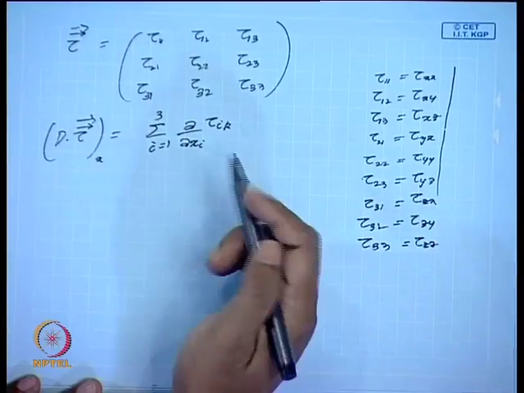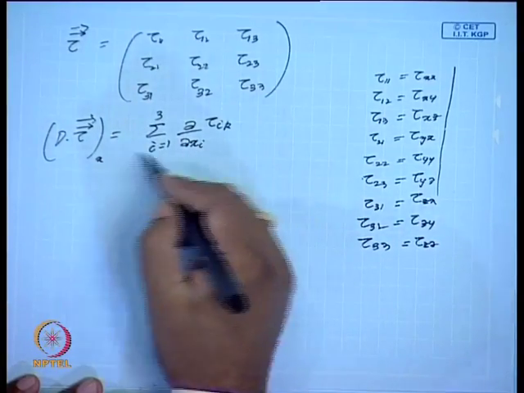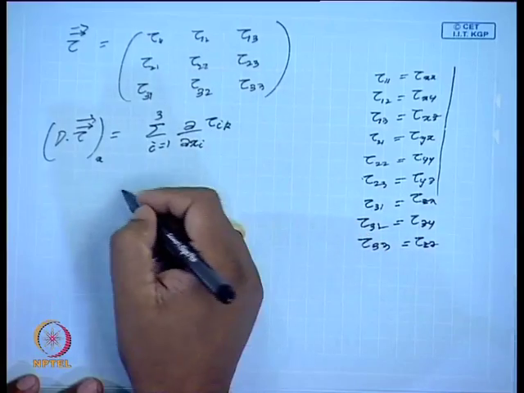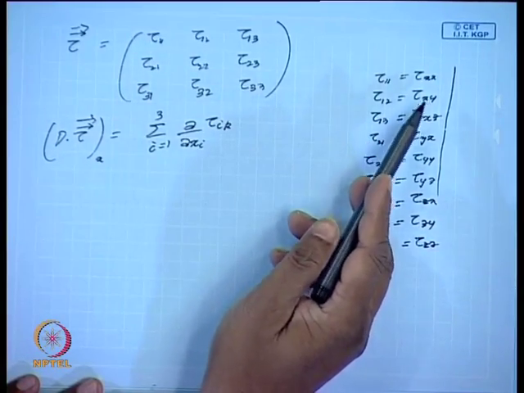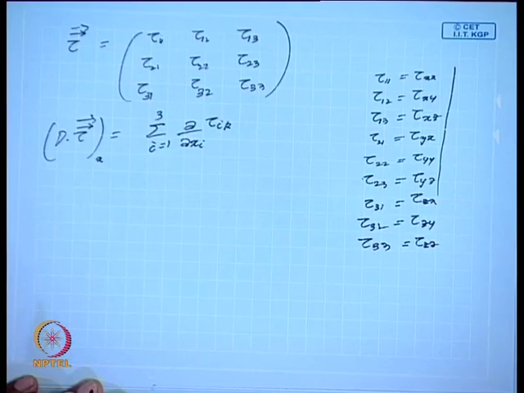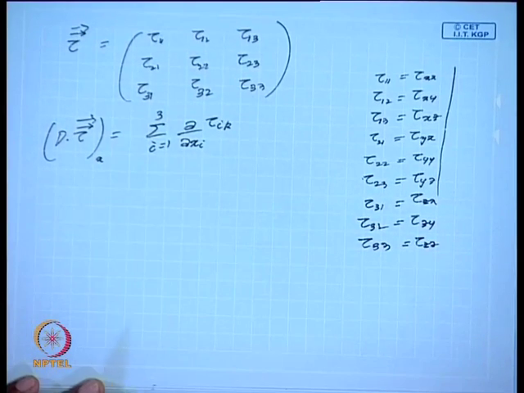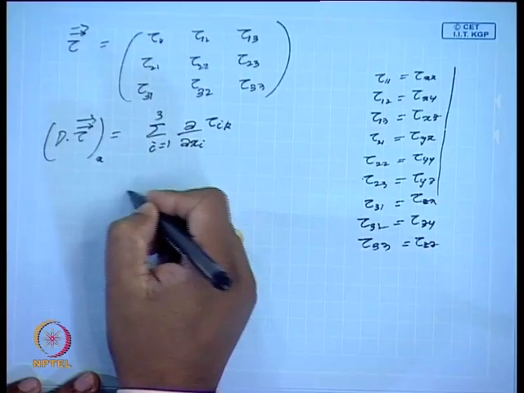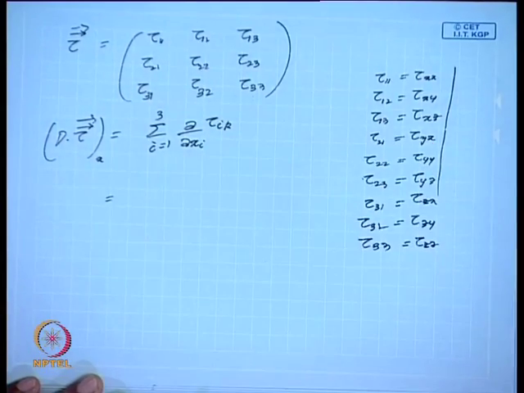So if you look at the x component of the stress tensor, then this will be the divergence of this, which gives you tau i k, and substitute for tau i k. For the x component, k is 1. Again substitute the individual expressions from the Stokes postulate.